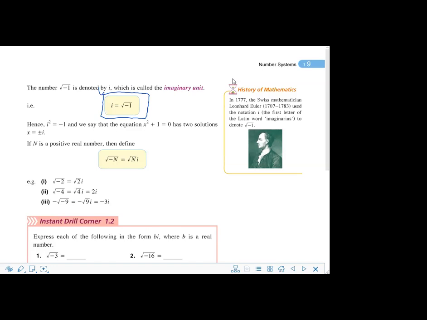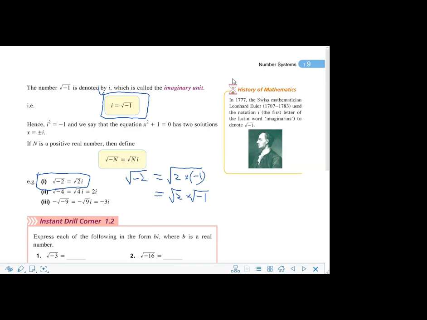For example, if we have square root of -2, we will split the -2 to be 2 times -1. And then we split the square root into 2 square roots: square root 2 times square root of -1.